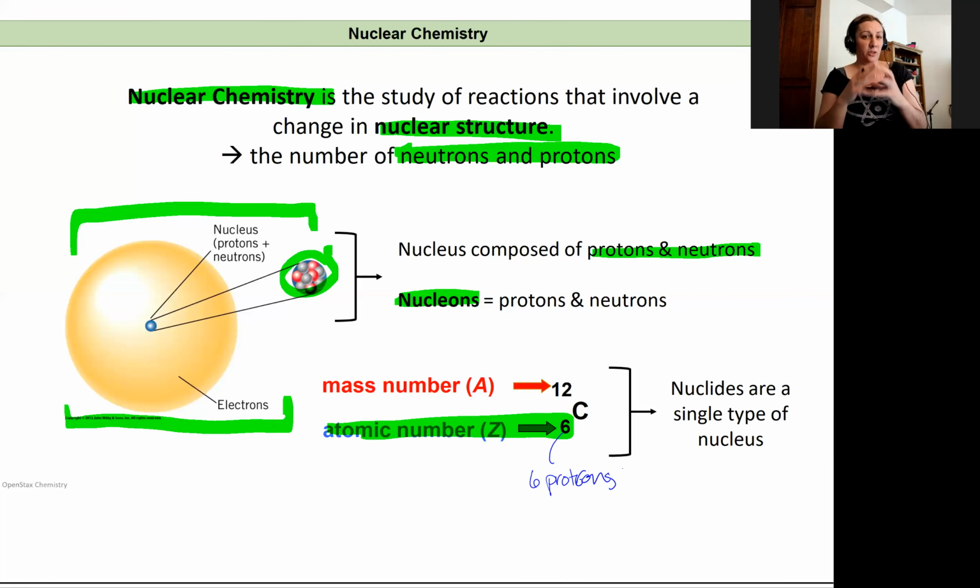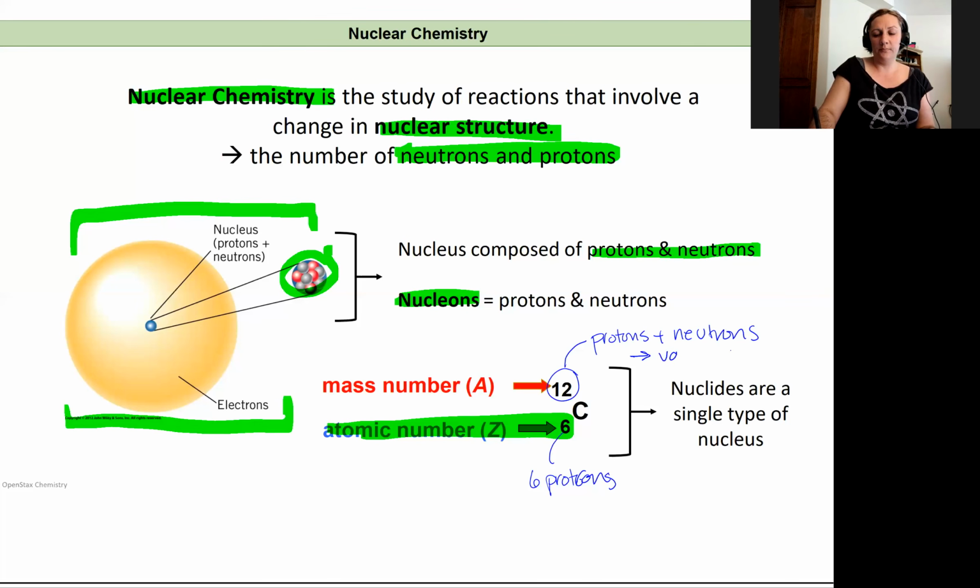The number of neutrons can vary, though, and the element is still the same, and we call that different isotopes. And so when there are differences in the mass number, which is the protons plus the neutrons for an element, that means if there's variation in the neutrons, we're looking at different isotopes.